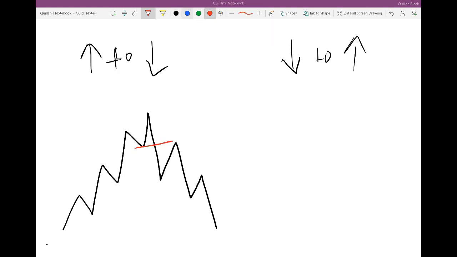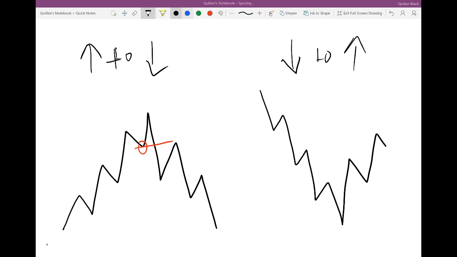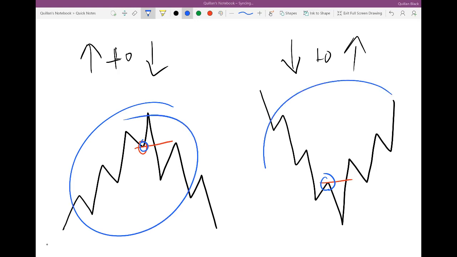Broken structure was right here when the market broke a higher low point, and in this example, this right here was a downtrend which broke a higher low right there. Circle this. That had to be broken. So the market overall transitions from an uptrend to a downtrend here, and a downtrend to an uptrend here, on the break of structure on the actual chart itself.